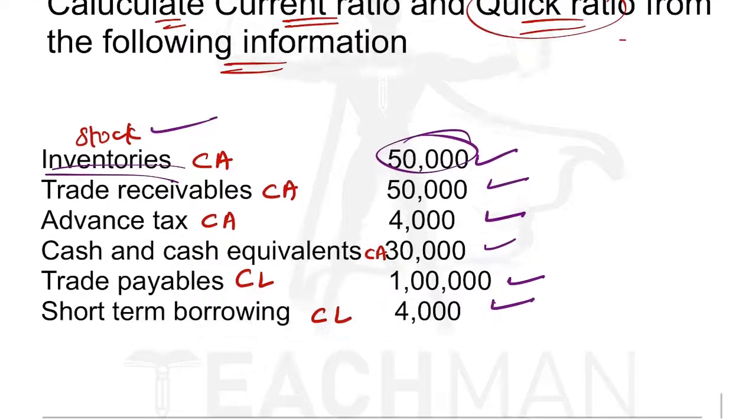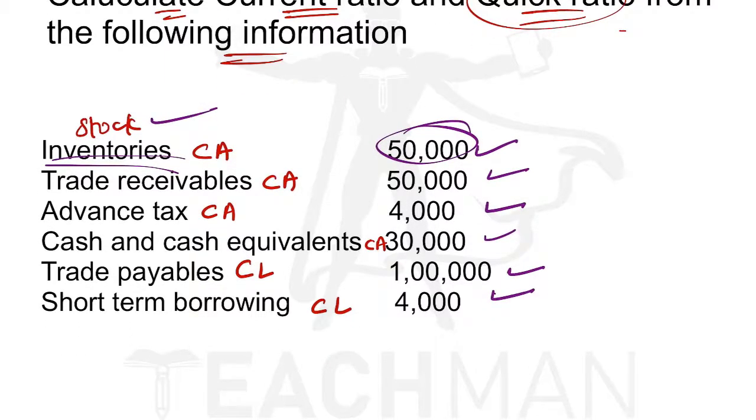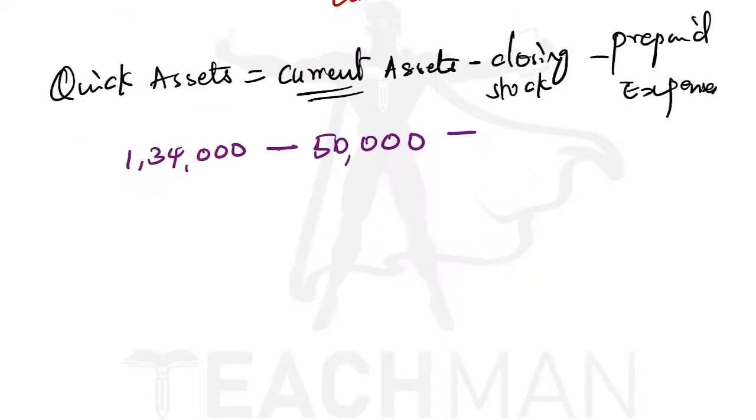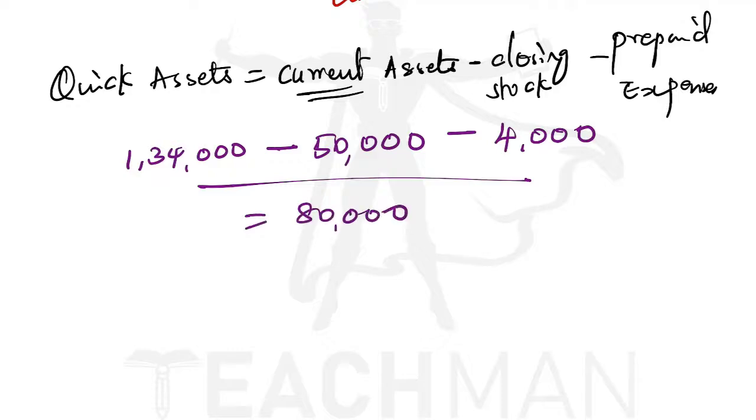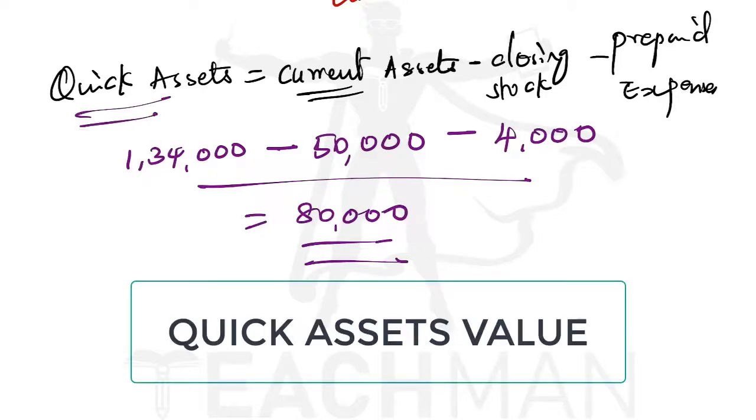See in the question, any prepaid expenses? They have not given anything, but they have given advance tax. Advance tax means they have paid before only, so that is a prepaid expense. So advance tax here is a prepaid expense, that is 4,000. So minus 4,000. So 1,34,000 minus 50,000 minus 4,000 will give you 80,000. So this is the quick asset value.